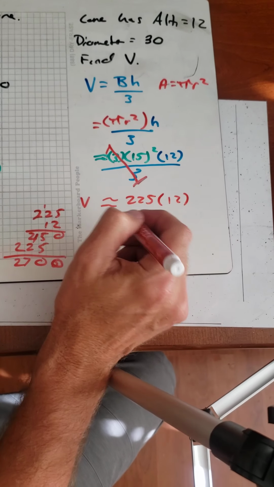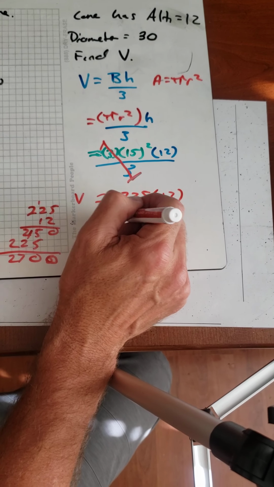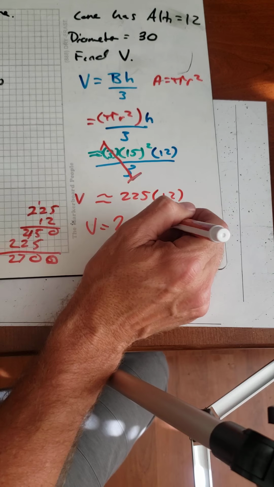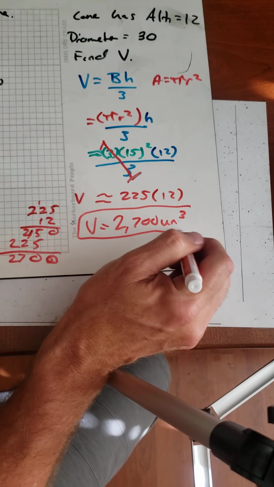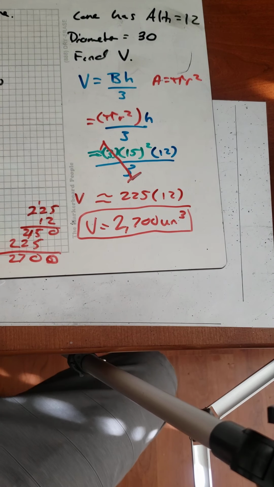I think it comes out to the volume is equal to 2,700 units cubed. And again, you might want to check my math there because I did that pretty fast.